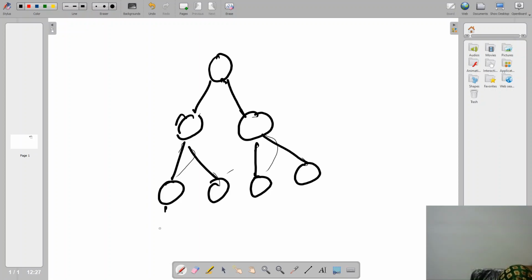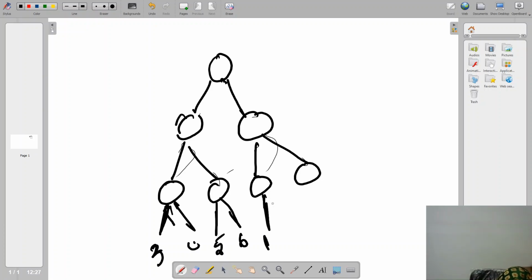And here these are the leaf values. Suppose this is a 3 and this is 4, and this is 4. 3, 4 and this is 5 and this is 6. This is 1, this is 3 and this is 7, 8, right?